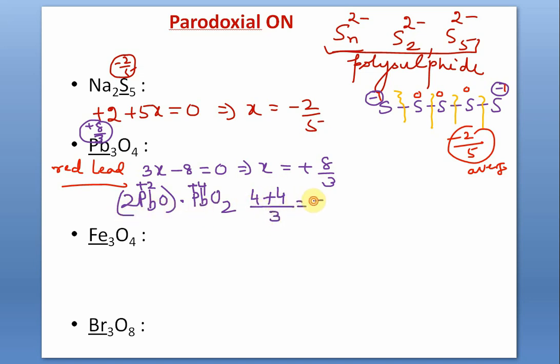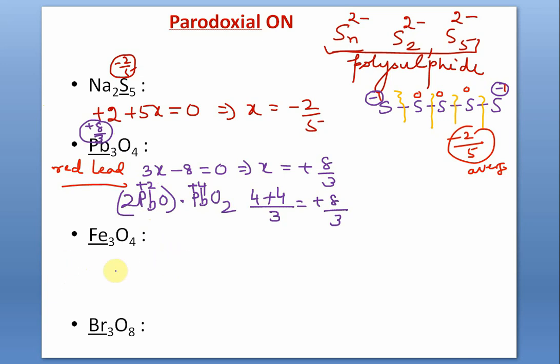So is it not the average that you got by using the rules? Yes. So actually plus 8 by 3 is not the oxidation number of any lead atom. Out of the 3 lead atoms, 2 lead atoms have an oxidation state of +2 each, and another one has an oxidation number of +4. That's the reason why you are getting plus 8 by 3.